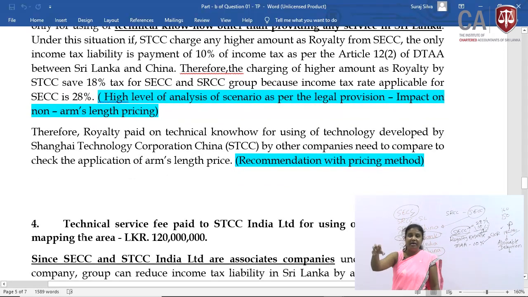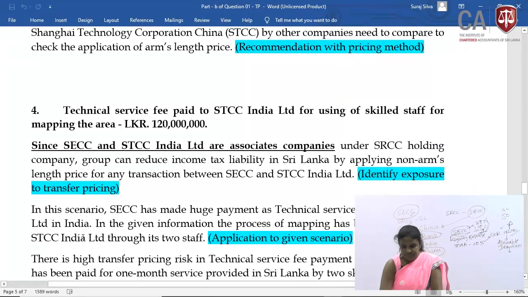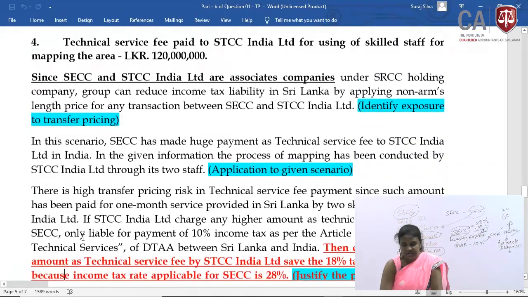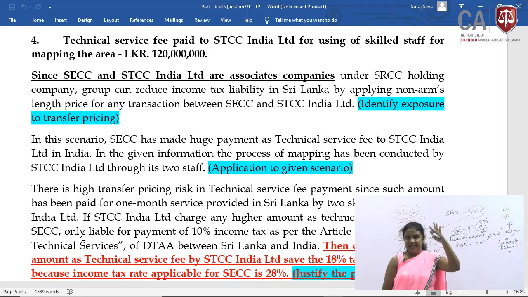To check the independent transaction, we have to check the other transactions which STCC China engage in the same kind of transaction, royalty transaction with other independent parties. Then next transaction, technical service fee paid to STCC India. Now, there are two skilled employees who came to Sri Lanka to do this part.